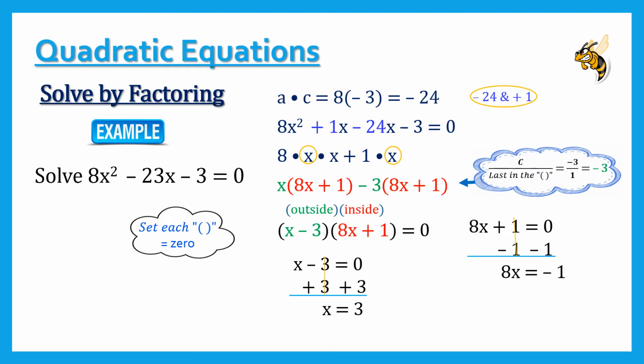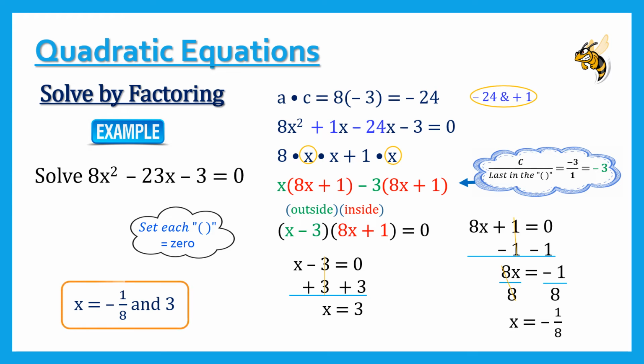To get rid of the coefficient, which means multiplication here, we need to do the opposite, which is to divide both sides by 8. So x is equal to negative 1 over 8. For my final answer, x is equal to negative 1 over 8 and 3. We always try to put our answer in numerical order from least to greatest.